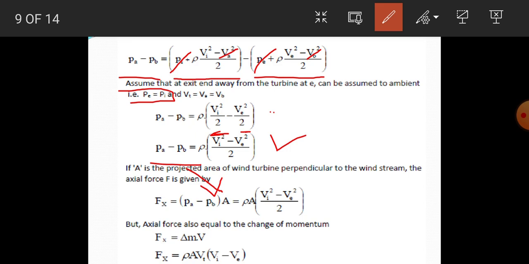Momentum is m into v, mass into velocity. So delta m into v, change of mass into velocity. As we know, mass m can be written as rho A v, density, area, and velocity. So instead of m we are writing rho A Vt into Vi minus Ve.